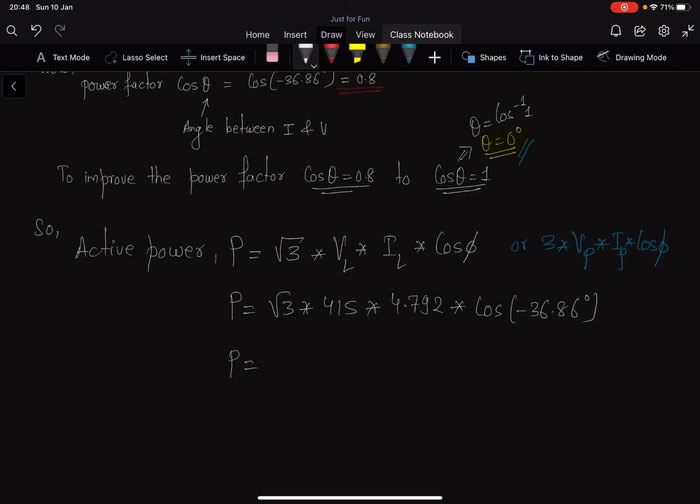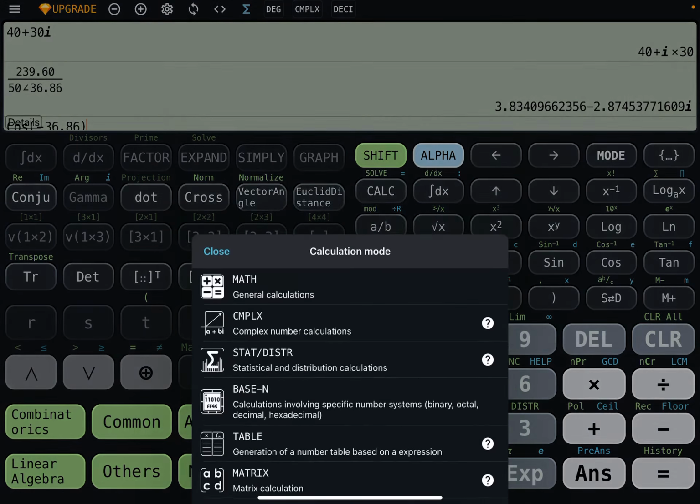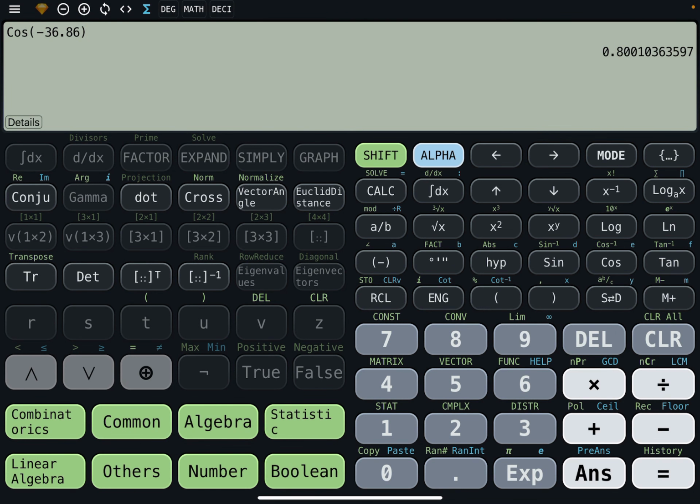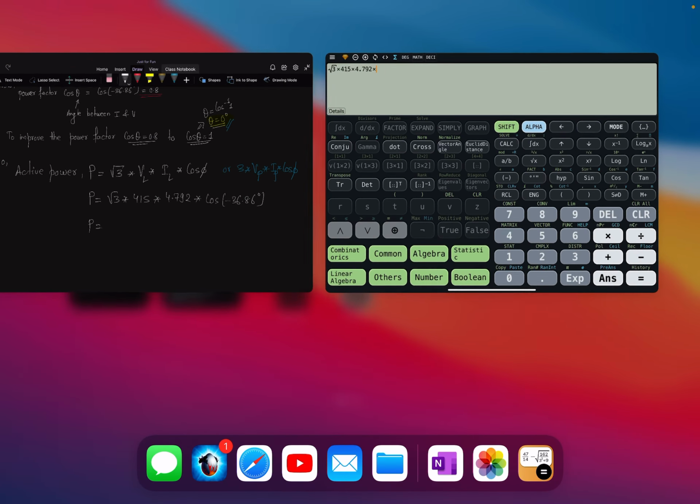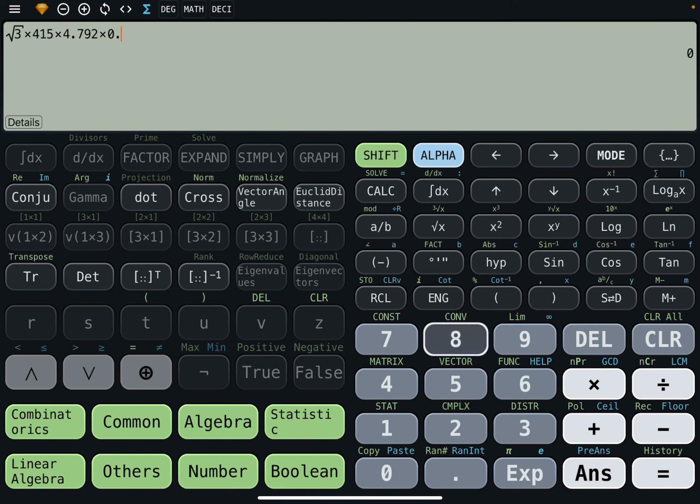So if we use this in a calculator, let's see what we are going to get. Root 3 times 415 times 4.792 times cos, which is 0.8.